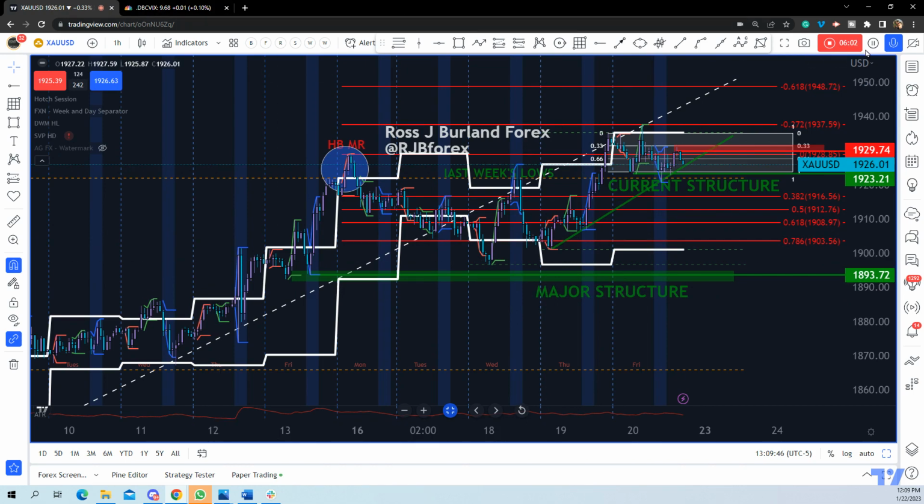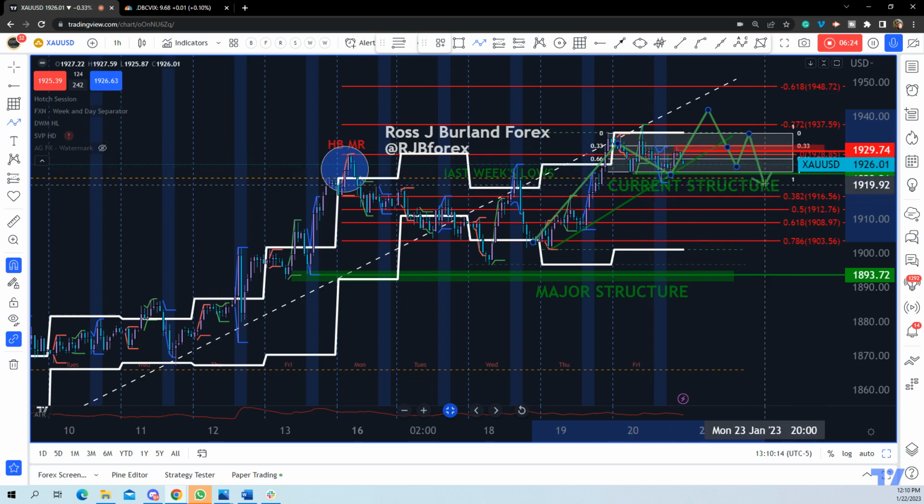So we're looking for a move up. So we've got continuation higher, pulling in bulls, and then to come back down, breaking structure, the trend line at least, back up to test it, coming down, breaking the structure.